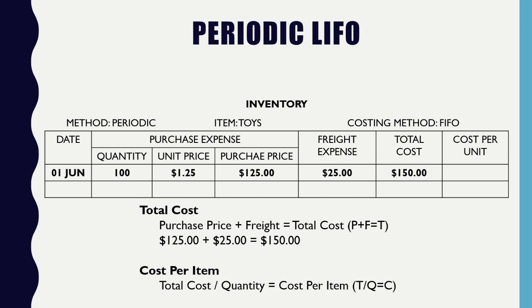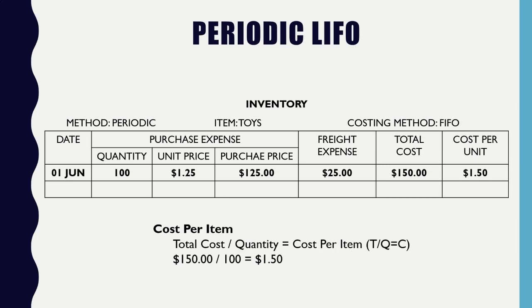That gives us a cost per item. So every time we sell anything from this batch, it's going to cost $1.50 each. All of that is the same for any of the methods, as long as we understand that this is how we calculate the total cost and get our cost per unit.